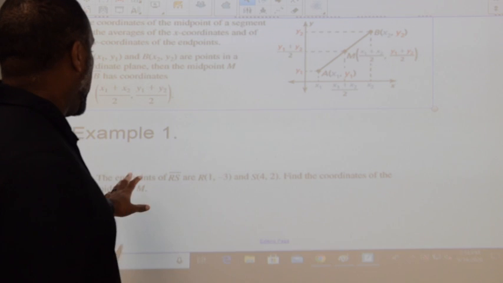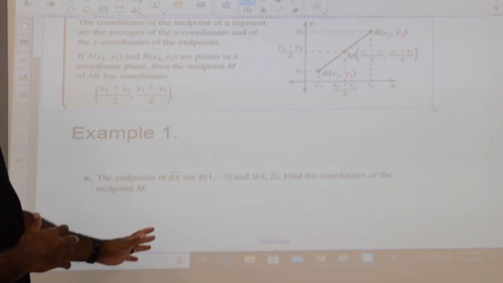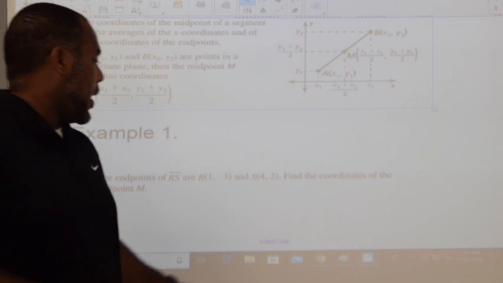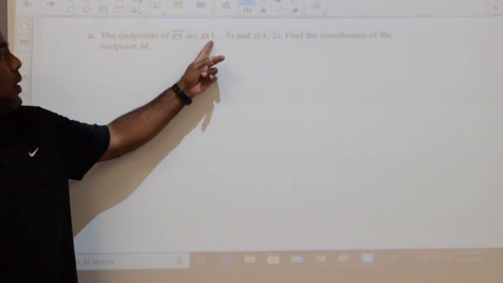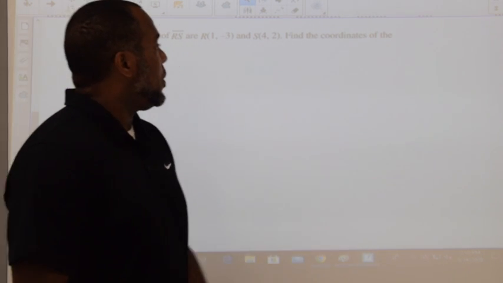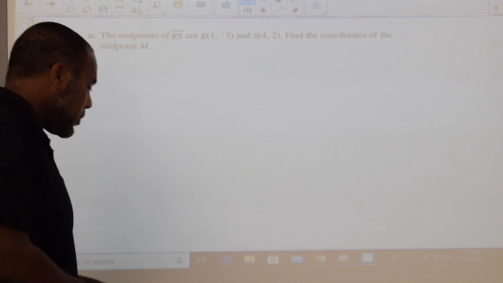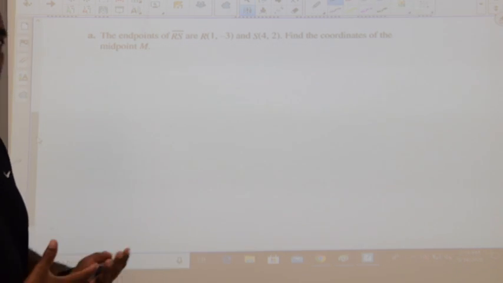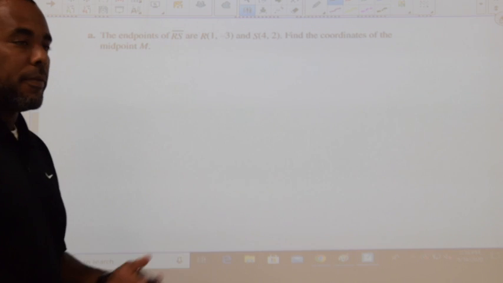It comes up with this example right here. It tells me the endpoints of RS are, R is at 1, -3, S is at 4, 2. Find the coordinates of the midpoint M. With that, there's a couple different ways that I could do this. Could graph it and have a nice little visual.